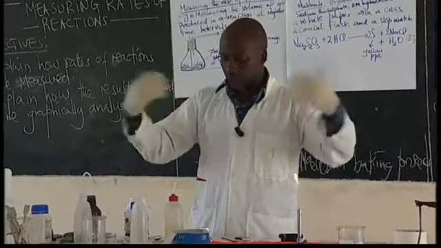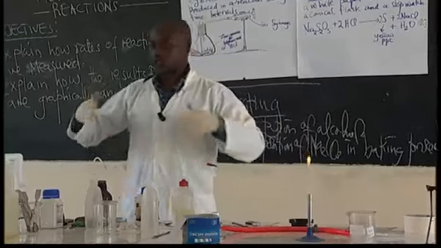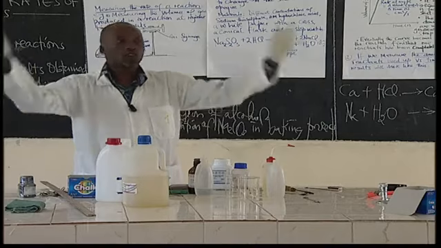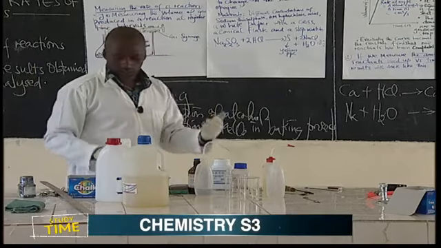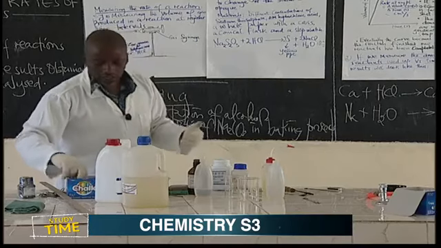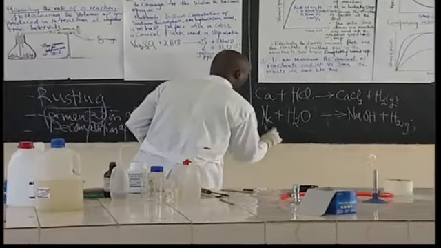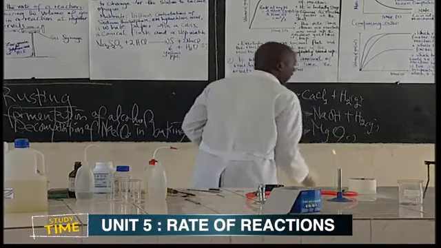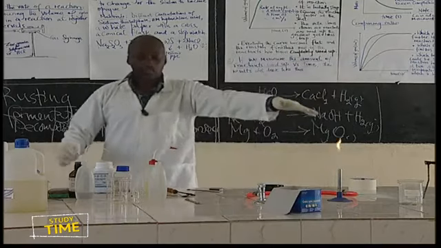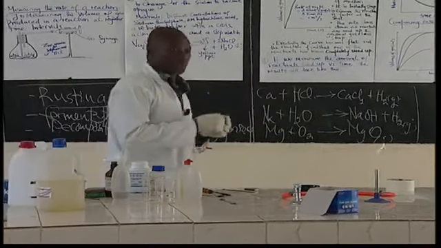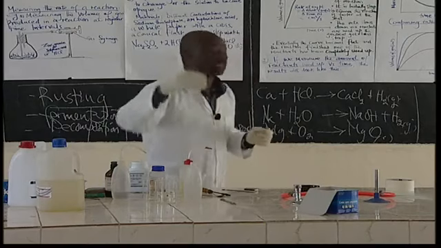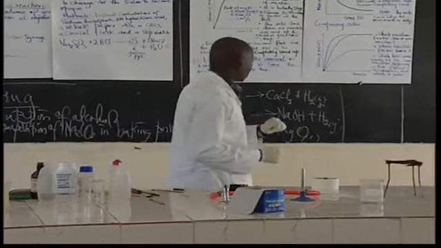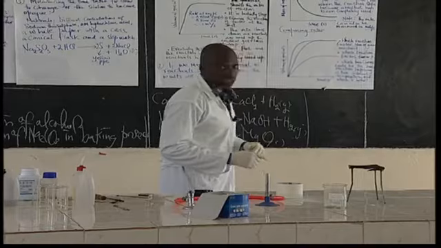So those are some of the reactions that take place either in laboratories or in real life situations that are very fast and very slow. So we have also seen magnesium reacting with oxygen to give magnesium oxide. Remember the explosion reaction. There are so many other explosion reactions, but explosion reactions are also dangerous to carry out, so we have to avoid those experiments as much as possible.